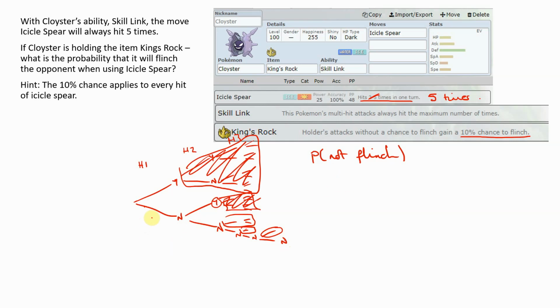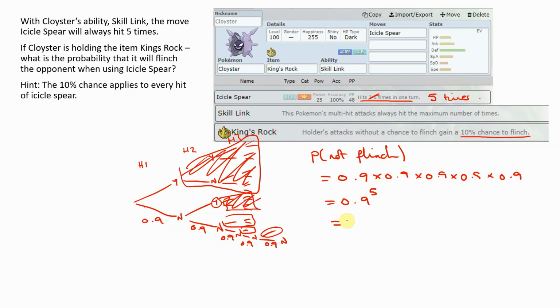And they are all going to be a 90% chance, because 10% chance to flinch, so 90% chance to not flinch. So the probability of not flinching is 0.9 times 0.9 times 0.9 times 0.9 times 0.9. We could also just say that that is 0.9 to the power of 5, as it's the same number each time.